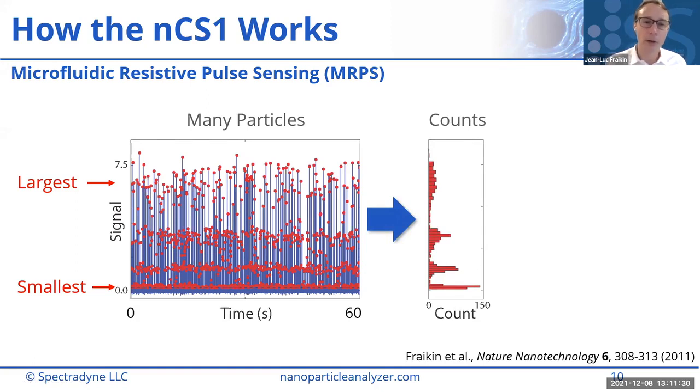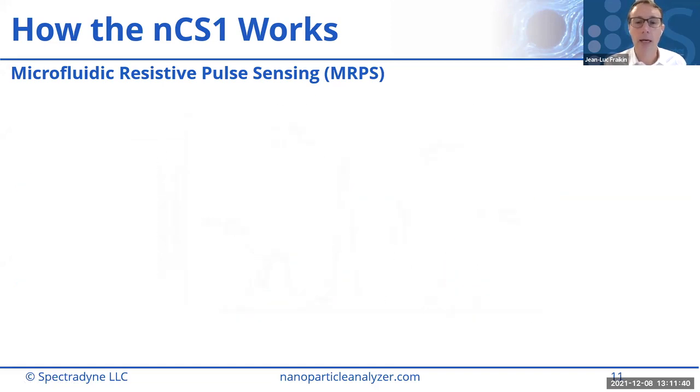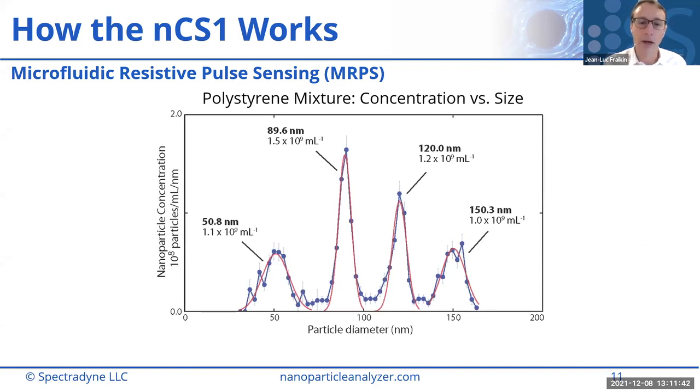But because we know the concentration, because we know the volume of the sample that was being measured, we can convert these counts from just counts in the histogram to actual absolute concentration. And so this is an example of the final output that our software shows you after a few minutes of measurement. What we're showing here is a plot where on the y-axis, we have particle concentration in particles per mil, as a function of size.